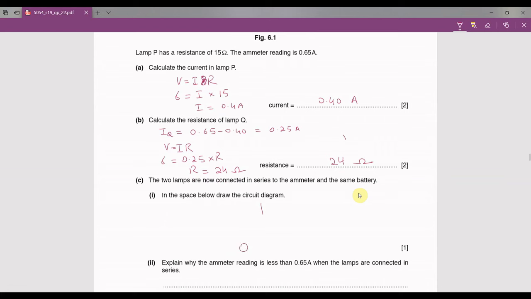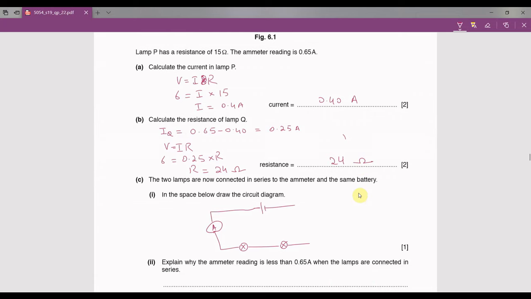First we'll draw lamps P and Q, now in series, and the ammeter is also going to be in series. This is our battery. Let's make sure we do our battery properly. I made a mistake, I just drew a cell. Remember, the battery is more than one cell in series. This is our battery, and this is your circuit, lamp P and lamp Q.